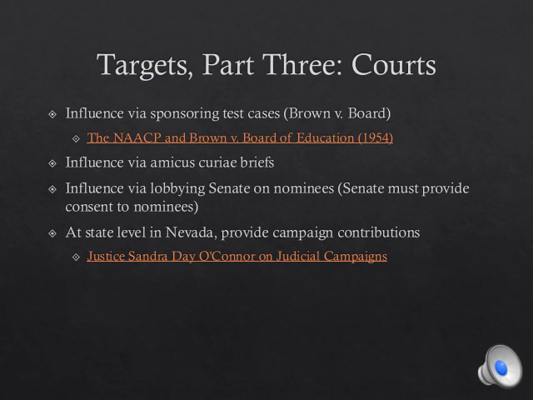So that's what interest groups can do. They can find a likely plaintiff, sponsor that plaintiff, provide legal counsel, handle all of the expenses, and try to reach the Supreme Court if they are damned lucky. You see that in Brown v. Board of Education. That's one way to influence the courts, because the courts also make policy.